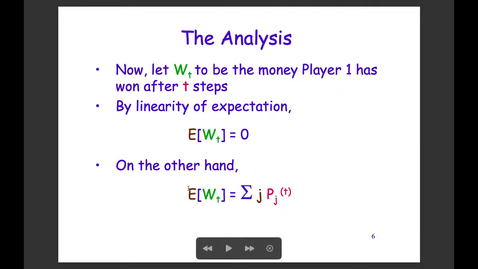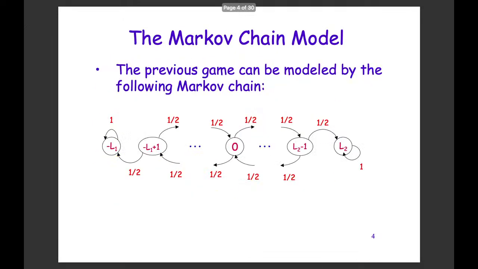On the other hand, there is another way to compute the expected value of the winning. It is actually by using what? By using the definition of expected value. So let's say there is some chance that you are at this stage, some chance you are at this stage, and so on and so forth.